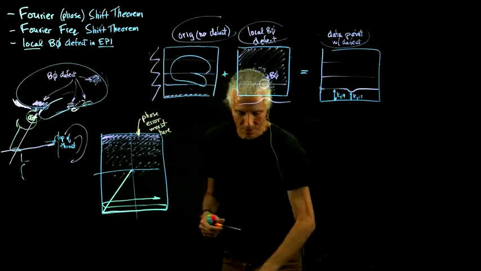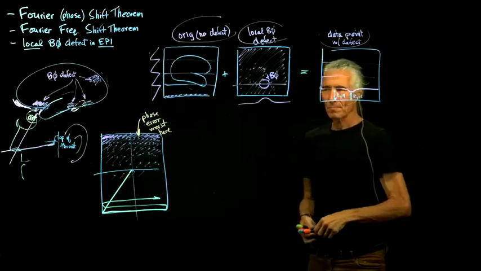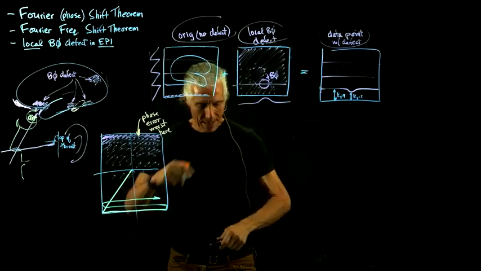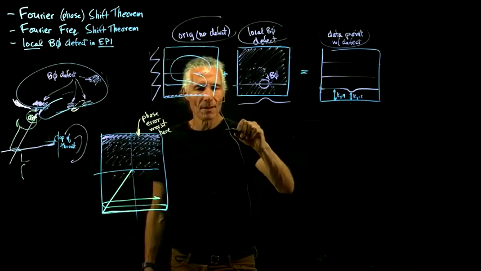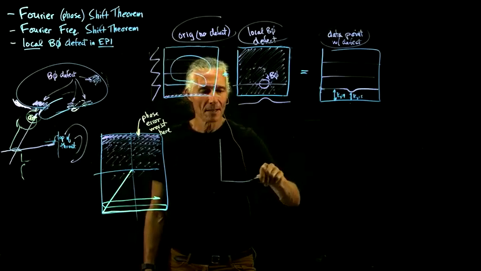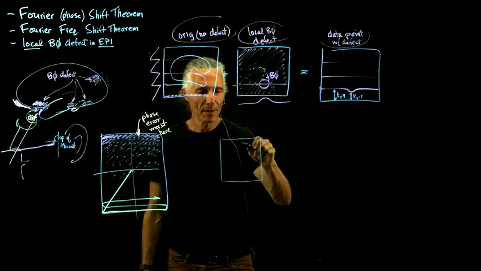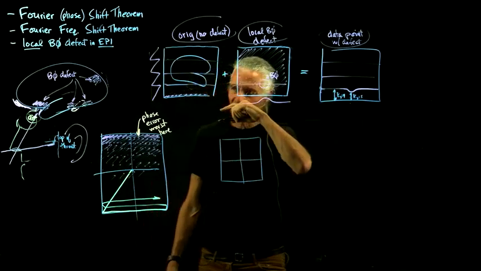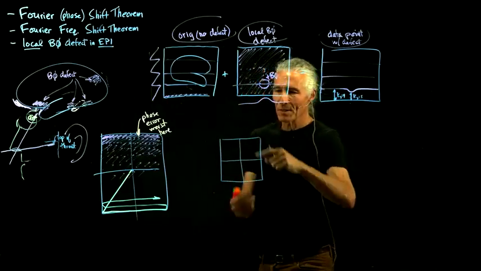So what will that do? So the way to think about this is, if we go back to that lecture where we talked about what if we sample K-space to different amounts.